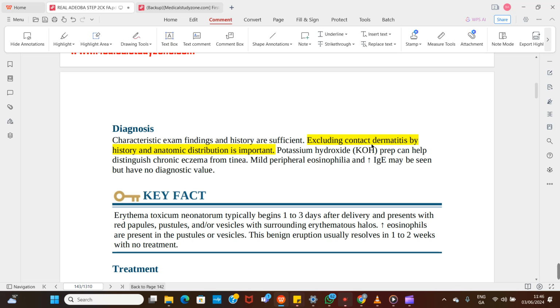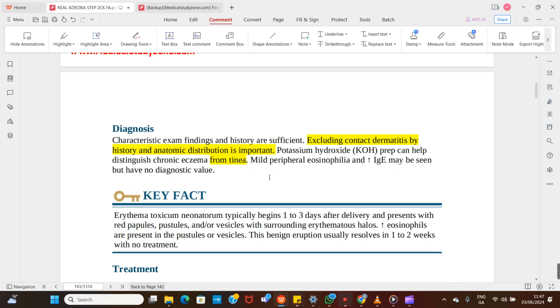And from the history, you will not have a family history of maybe atopy like allergic conjunctivitis, rhinitis, and the distribution too can vary. Most of the time, contact dermatitis occurs within the hand, especially with irritant dermatitis. We are going to get there and we are going to talk more about it. Potassium hydroxide prep can help you distinguish it from tinea. Why are we saying tinea?